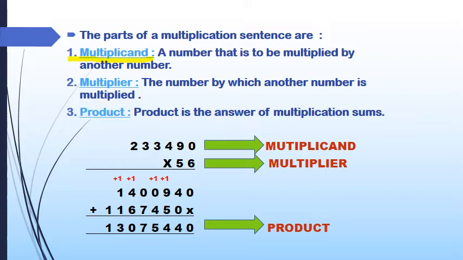And number 2 is the multiplier, the number by which another number is multiplied. And lastly, the result or the answer of multiplication sums is called the product.